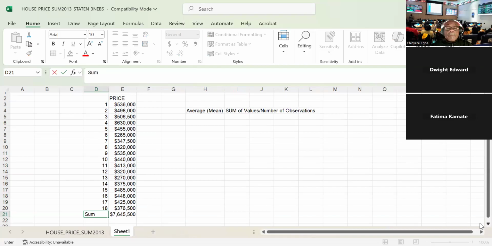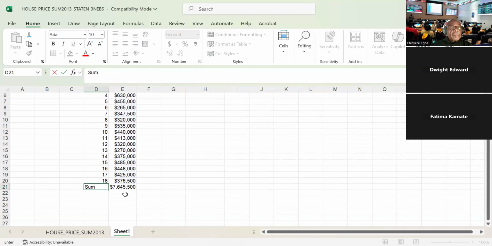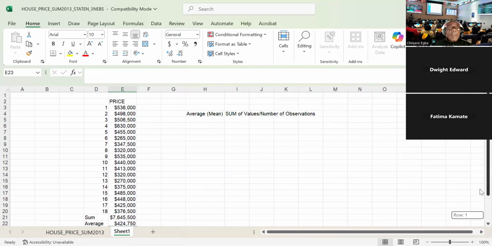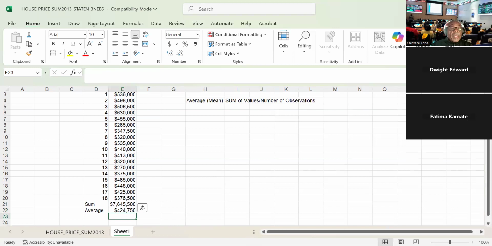The number of the size of the sample or the population, and so average equals E22 plus E21 over 18. That is the sum. The average is 424,000.